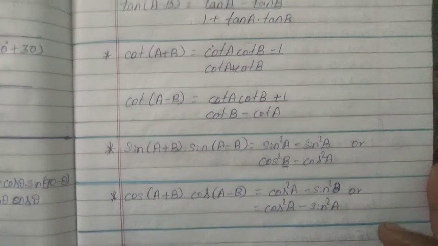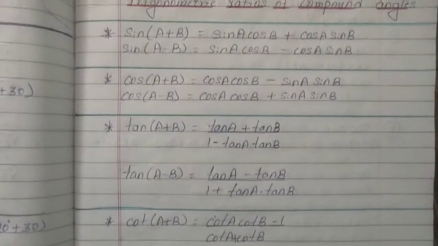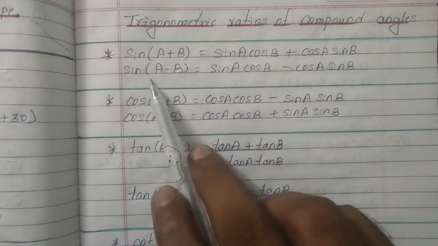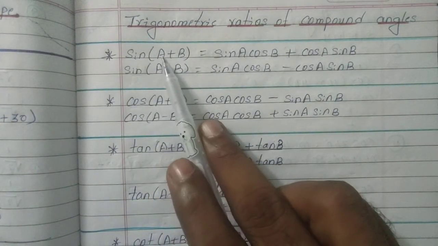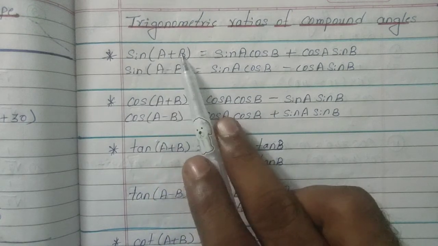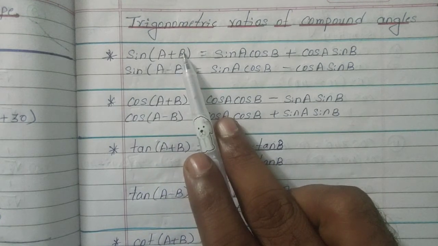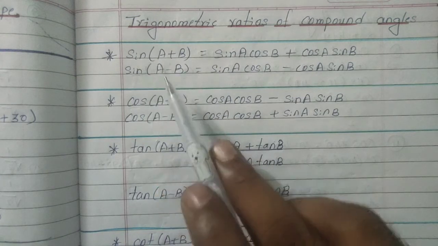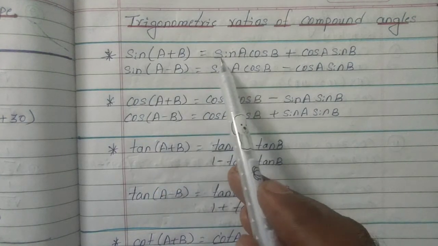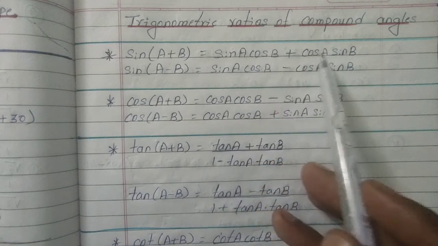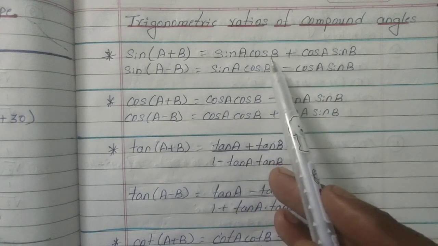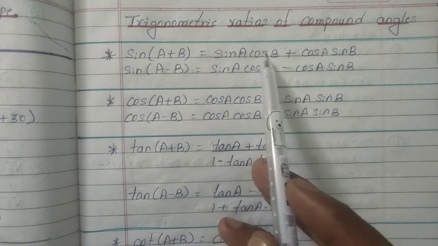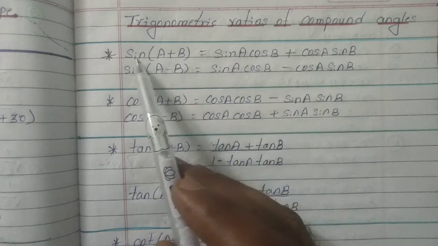Students, one tip I will give for this sin and cos. Suppose you are going to write sin A plus B. Take sin cos, and cos sin. First sin, after cos, next cos, sin.